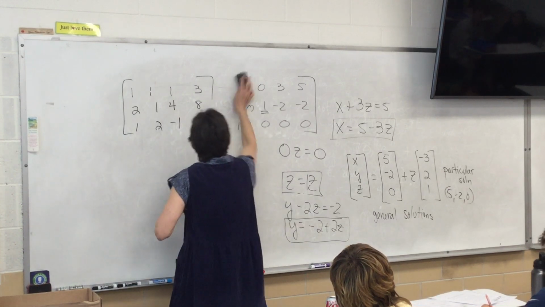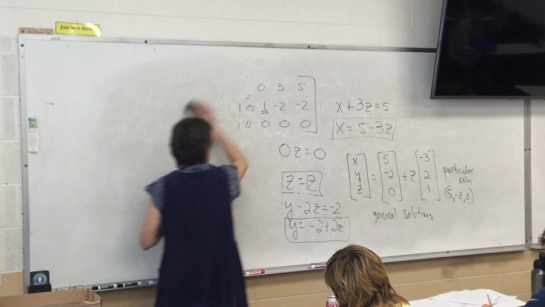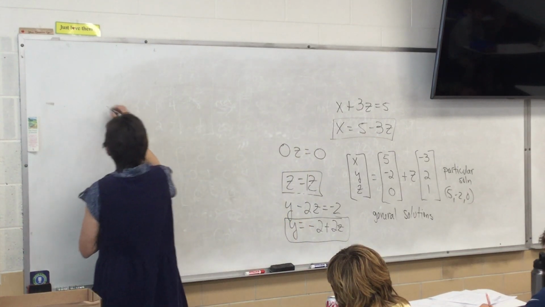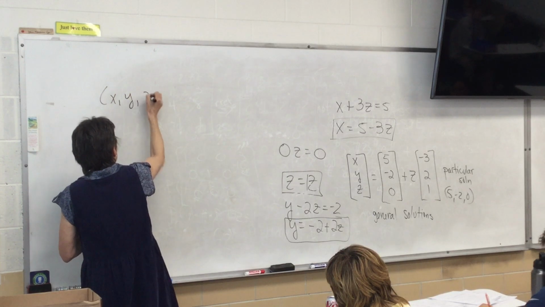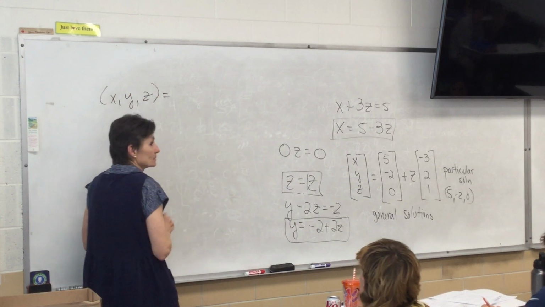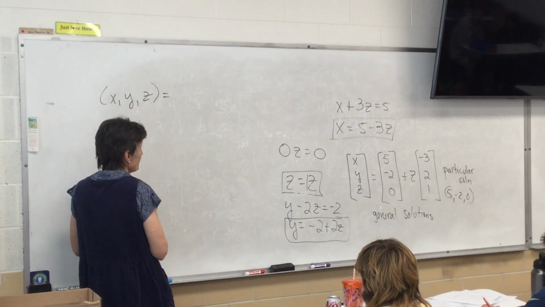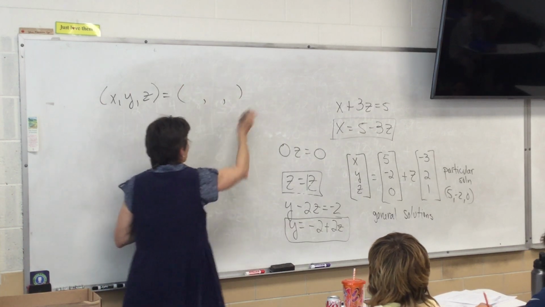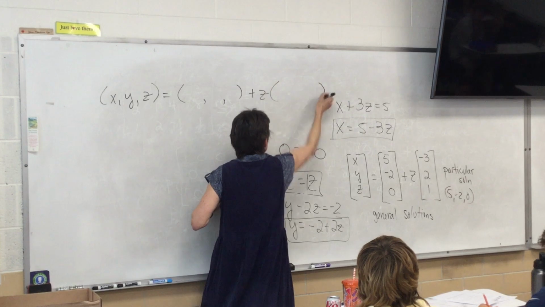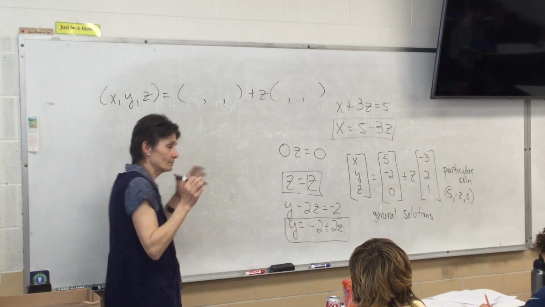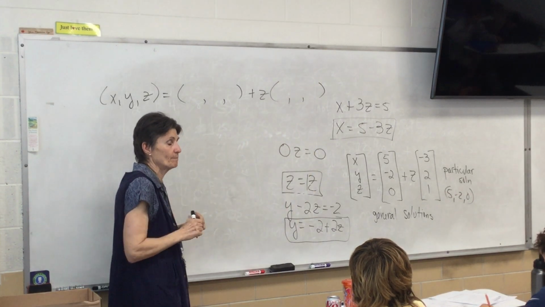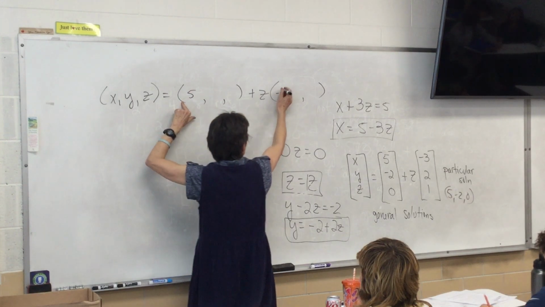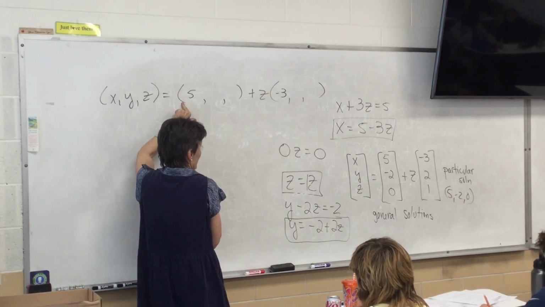Okay. The other way you can write your answer, if you choose, is horizontally. So XYZ equals a point plus Z times another point, or another 3-piece coordinate. So X is 5 minus 3 Z's.